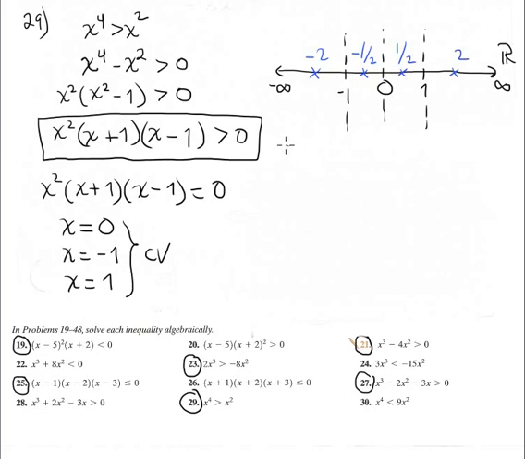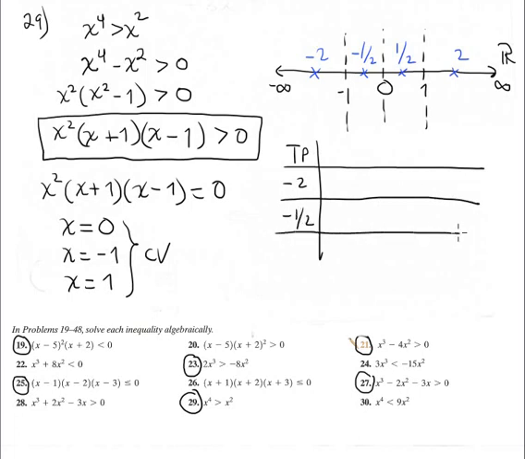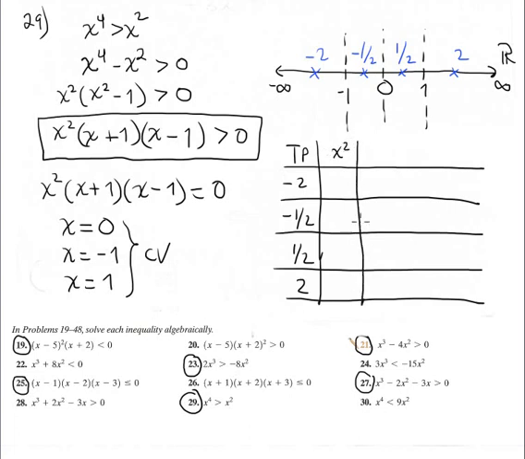Now let's do it in the chart. Testing points: negative 2, negative 1/2, positive 1/2, and 2. So we have, for example, x squared as a factor of our polynomial, x plus 1, x minus 1, and the total signs.